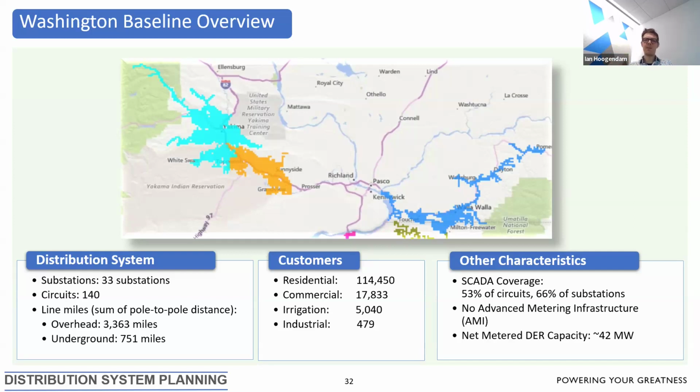So until we have an AMI system in Washington, the granularity of distribution system planning studies will be limited to inputs from SCADA measurements that we have available at substation transformers and circuits.